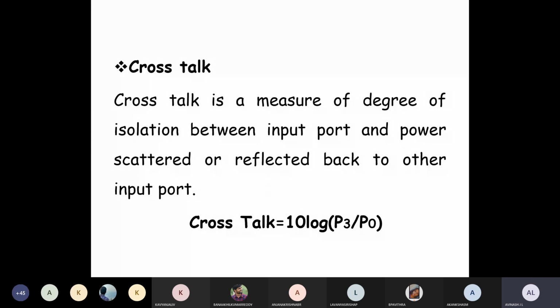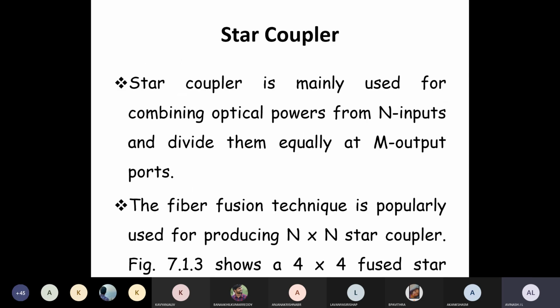After understanding these three parameters, we'll go for the next thing, that is the star coupler. So now we are in the star coupler.